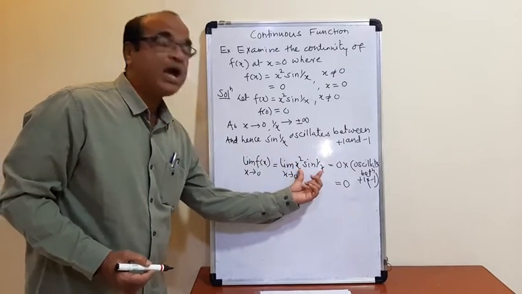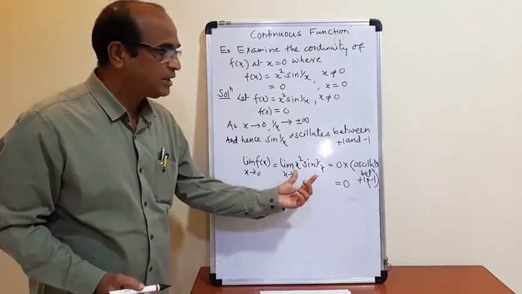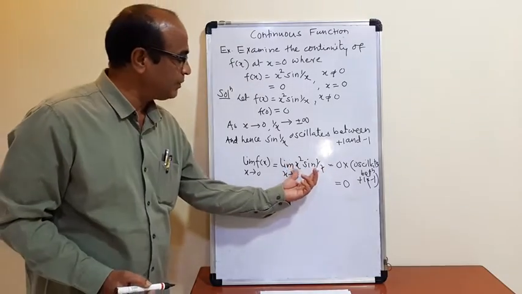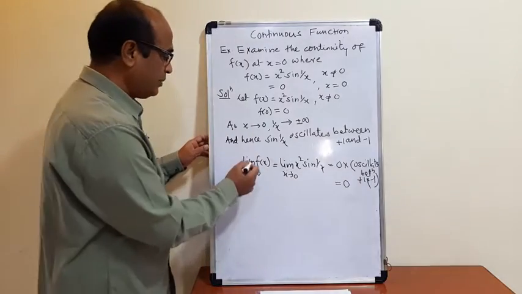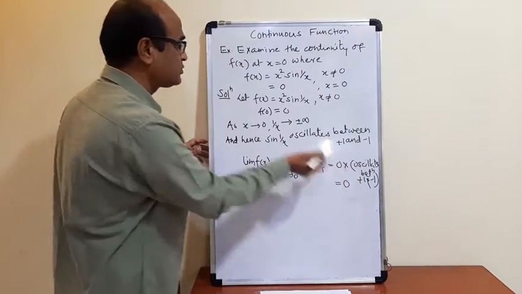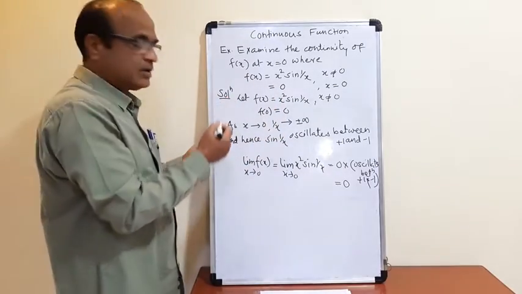But x square into sine 1 upon x is a continuous function, because the limit of this function is 0, which is finite. Therefore the limit of f(x) is 0, and f of 0 is 0.